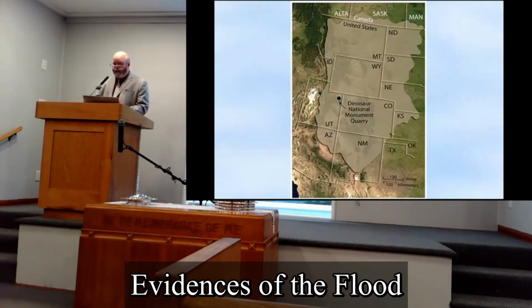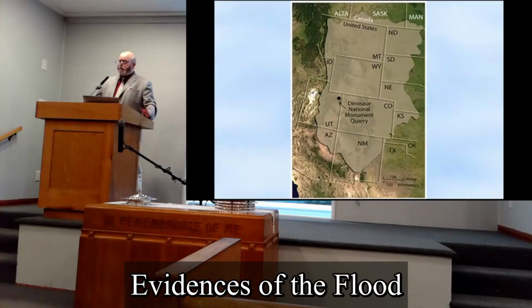Now, moving on past trees and kind of past the layers, really. This is something that they call, let me just read this, the Morrison Formation. The Morrison Formation is a sedimentary rock formation in the western United States, renowned for its rich fossil content, particularly dinosaur remains.